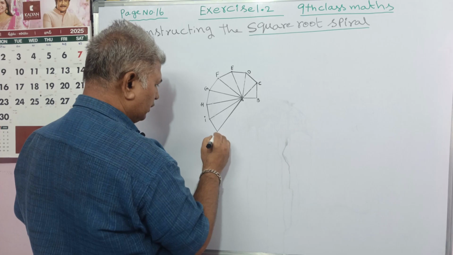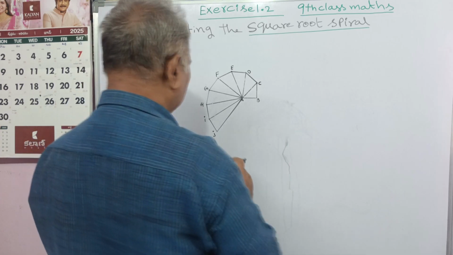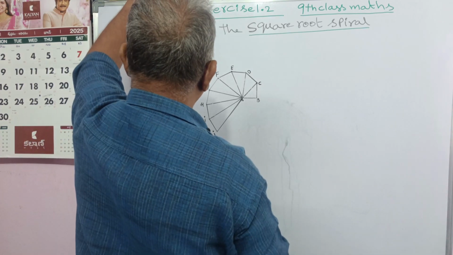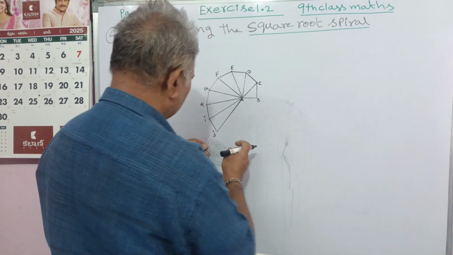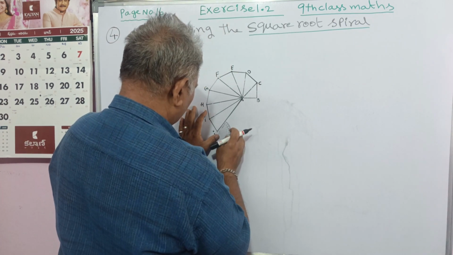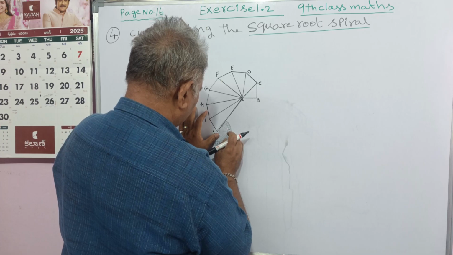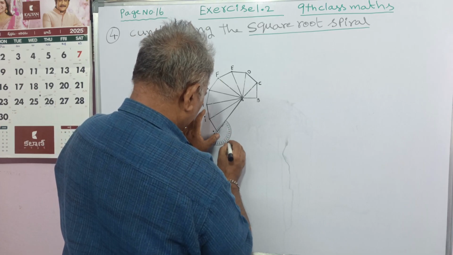I, J. Now again draw a perpendicular line to AJ.